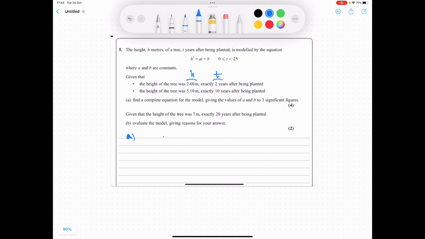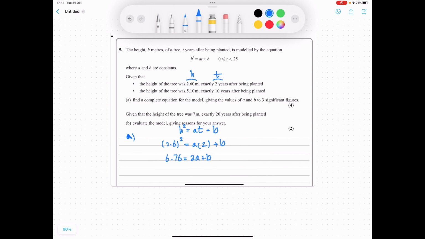So h squared is equal to at plus b. So 2.6 squared, 2.6 to the power of 2, is equal to a times 2 plus b. So 6.76 is equal to 2a plus b.